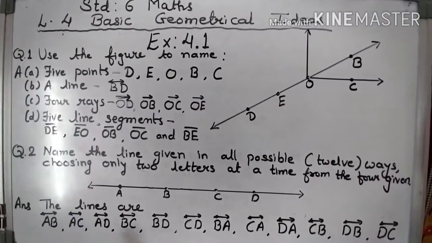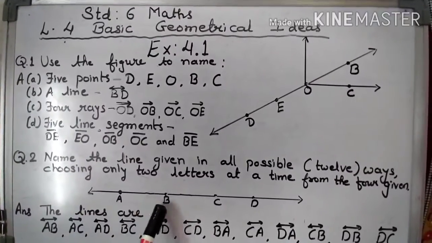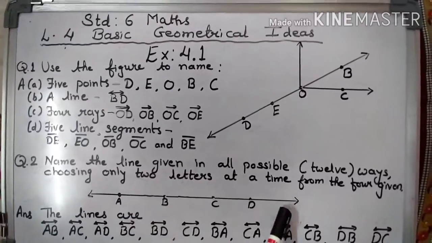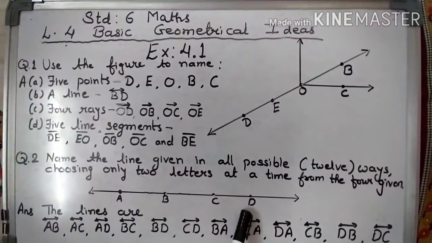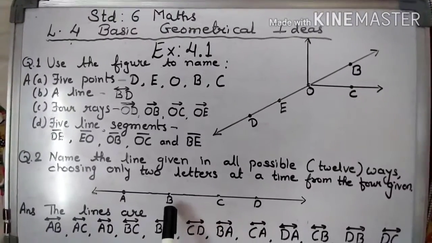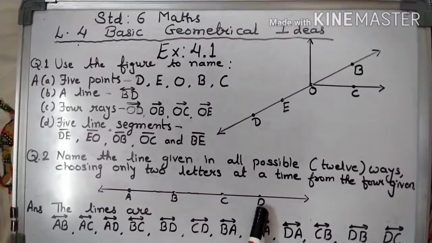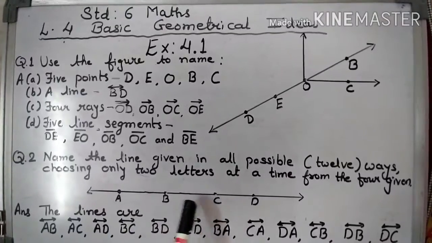First of all, let's start. Line AB. Look here. This is line AB. Line AB, line AC, line AD. Line BC, line BD, line CD. Line BA, line CA.